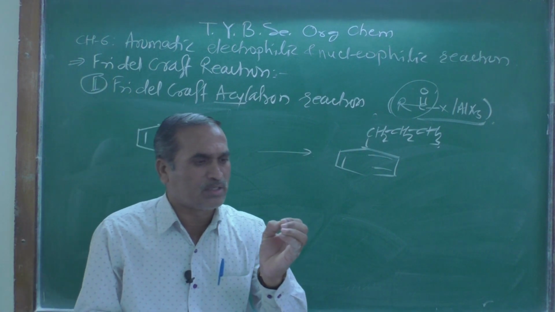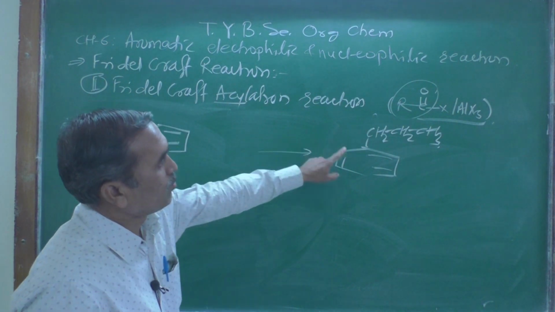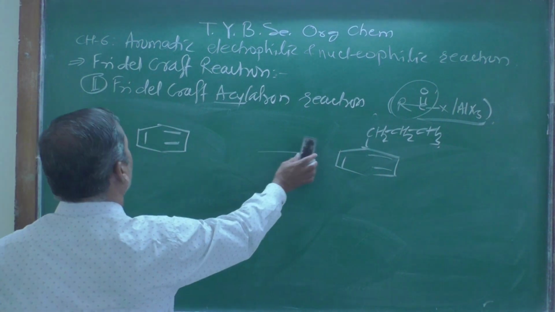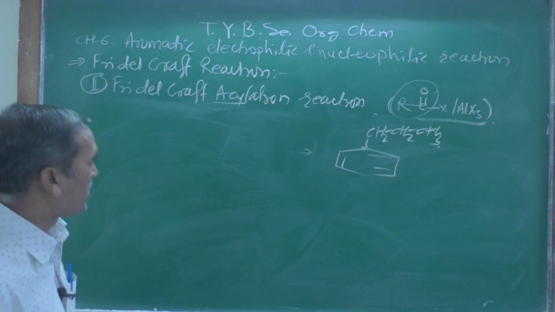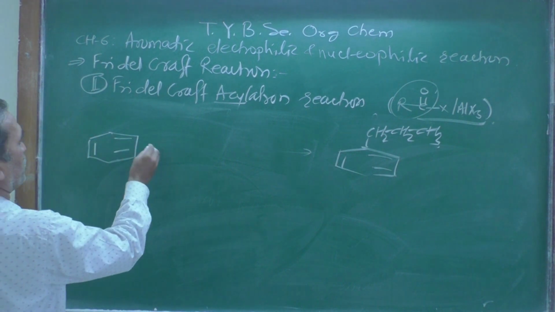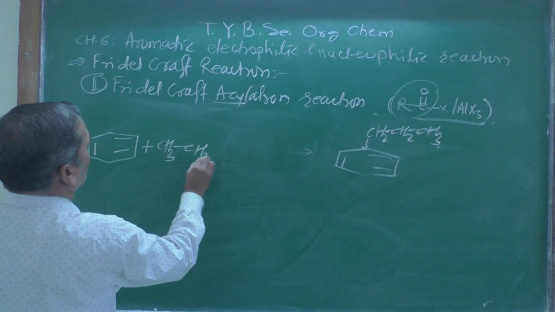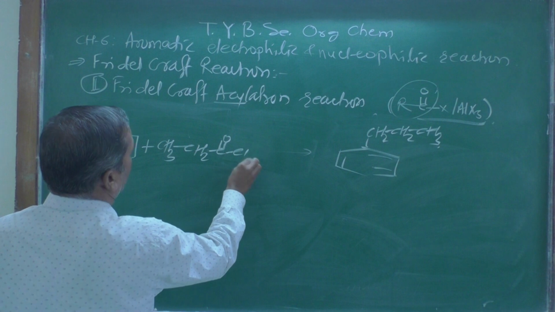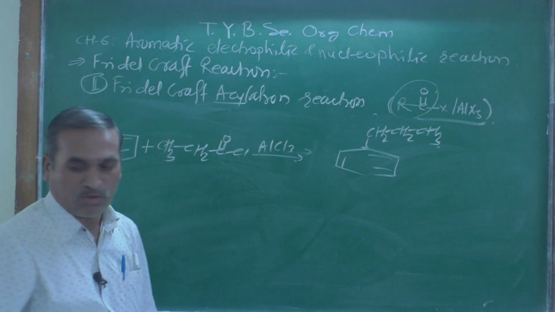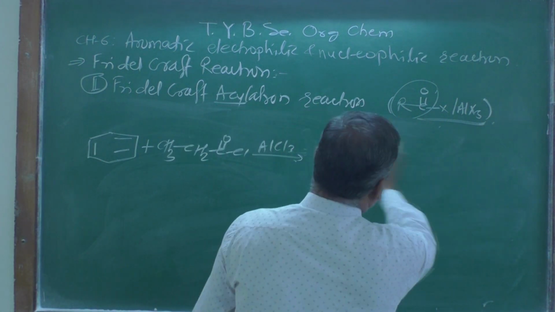Very small in amount, and for that purpose we want to prepare propyl benzene. We can start with benzene, like this. As we know, this is the structure of benzene. If you treat it with CH3CH2C double bond OCl in the presence of AlCl3, what are you going to get over here?